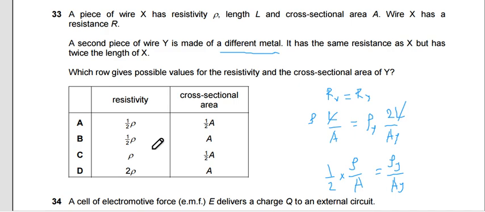For the choices given, if we divide rho y, resistivity of base y, over Ay, in choice A, this will give rho over A, which is not equal to the ratio we found. Here it will be rho over 2A, and this is equal to our ratio.